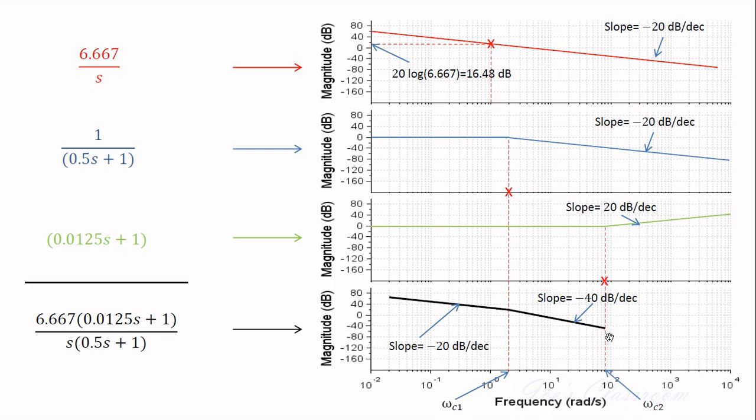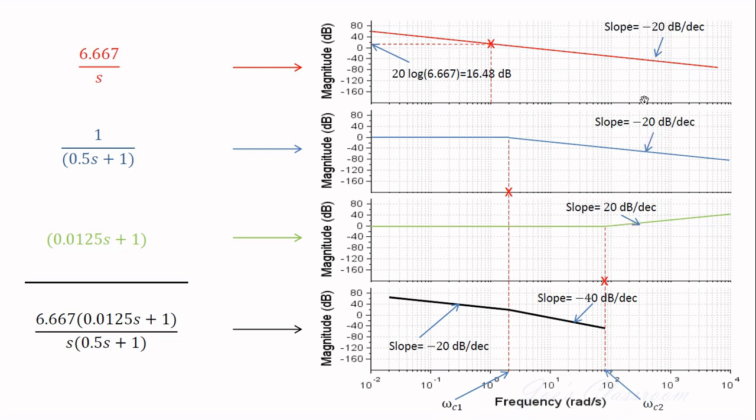And beyond this corner frequency omega C2, the contribution is from all these terms. Okay, but if I look here, the slope is minus 20 decibels per decade, here it is minus 20, here it is plus 20.